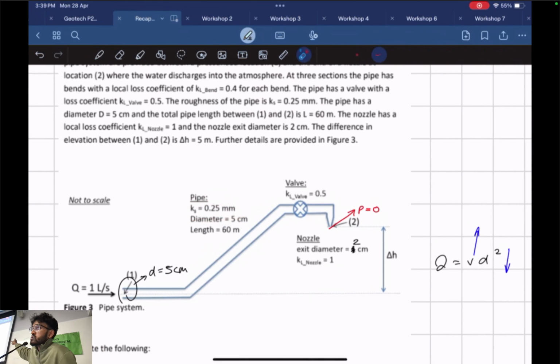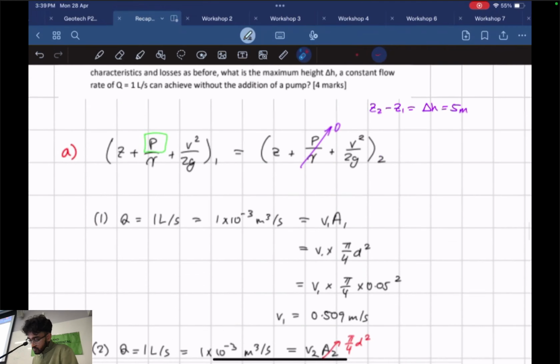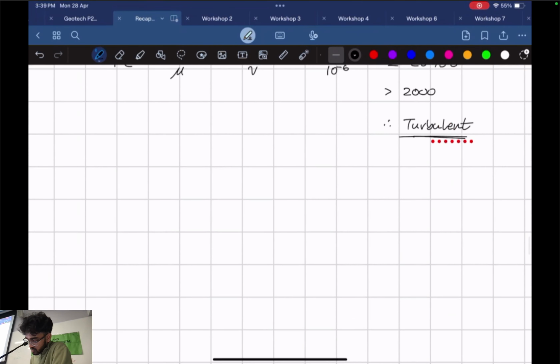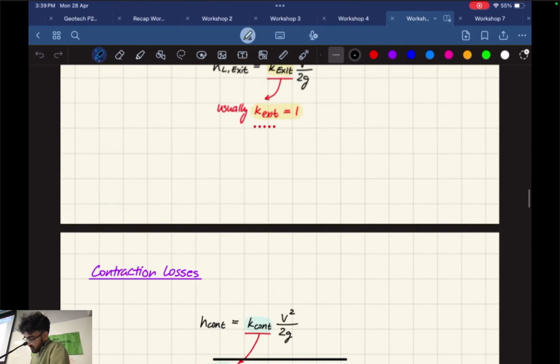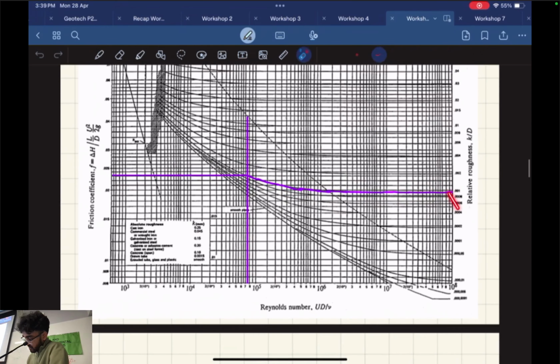So let's actually use the roughness formula. So let's take a look at relative roughness. So the reason we find relative roughness is because it's what's on the Moody diagram. Right? Relative roughness. We're trying to find k over D or something.